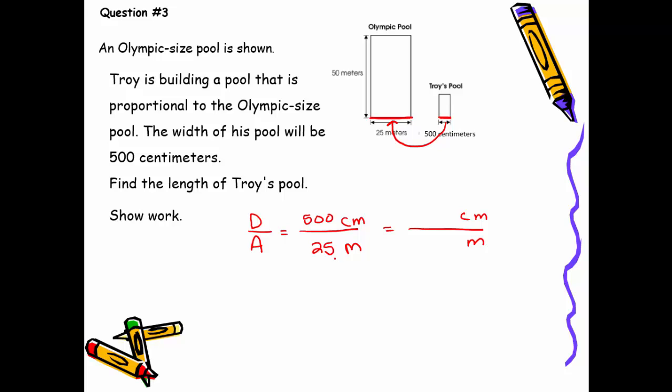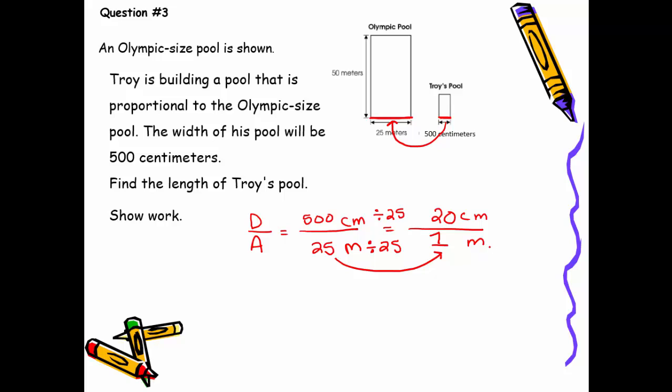As I look at this, I see, oh, you know what would be easiest to find per 1 meter? 25 divided by 25 is 1. 500 divided by 25, because I have to do the same to the numerator and denominator, is 20 centimeters. Lots of ways to go about this. I chose to divide top and bottom by 25, so I didn't have to deal with any sort of decimals.